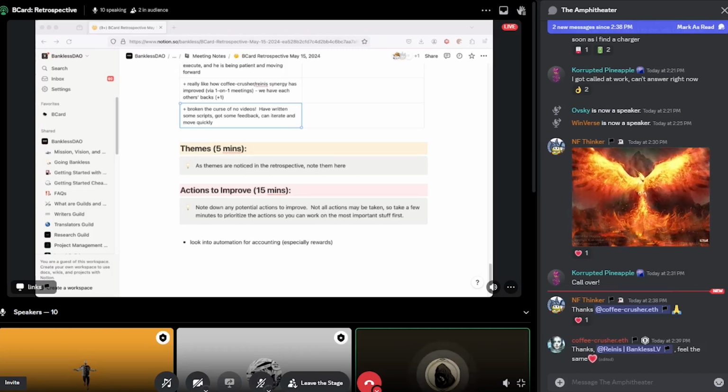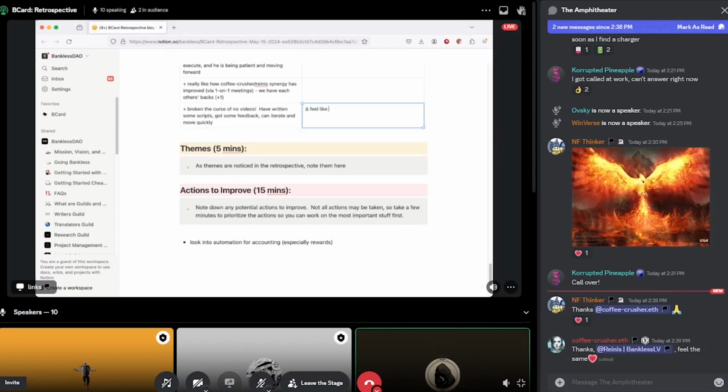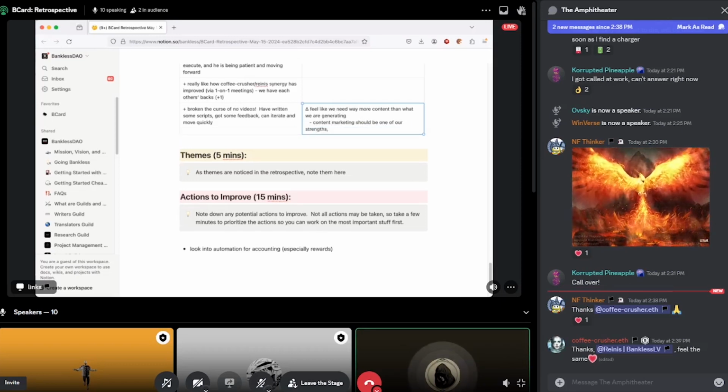A minus on that part: I feel like we need way more content than we are generating. Because we don't use traditional advertising, content marketing should be one of our strengths, and I don't think it is yet, but it's going to be, no doubt, because that is the most efficient way to overflood the internet and to divert attention towards our product.